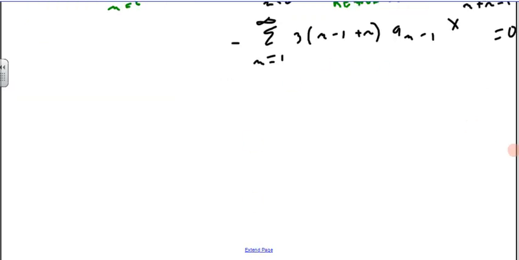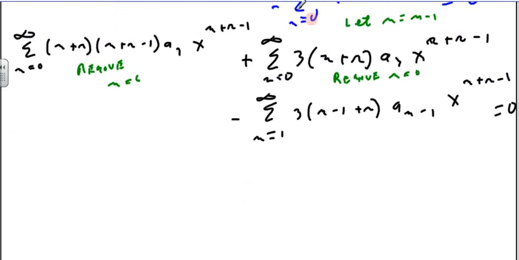Okay, so we will do that. I'm going to remove n is equal to 0.